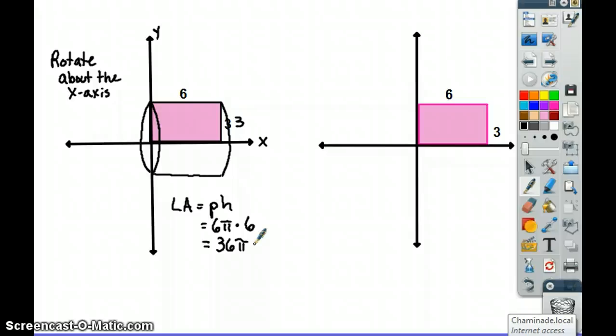Now, I have this picture drawn again over here because this time I'm going to rotate this rectangle about the y-axis. So this time, this part right here along the y-axis is the part that's held steady, and this thing spins across here.